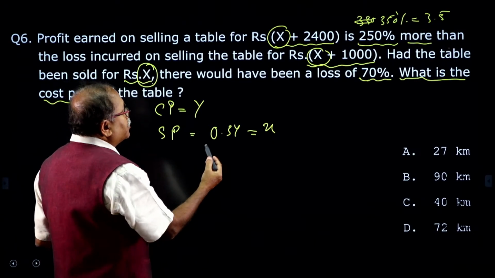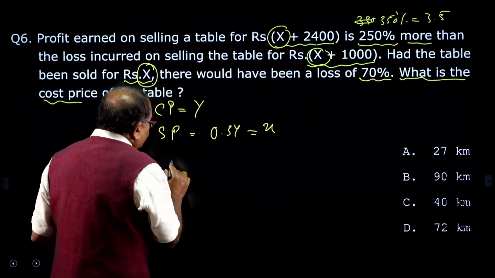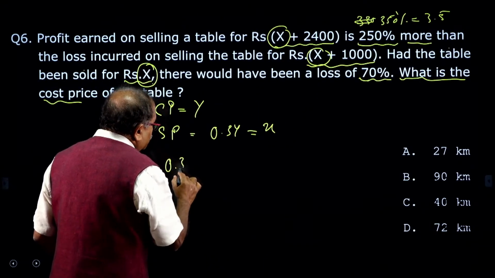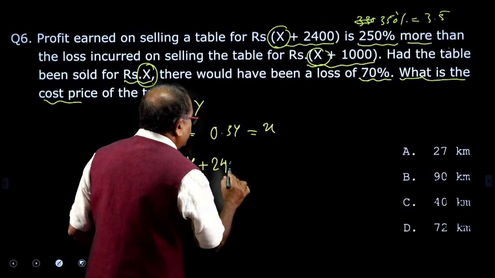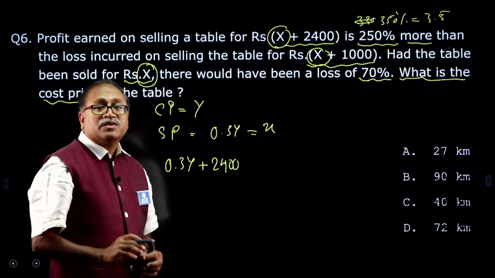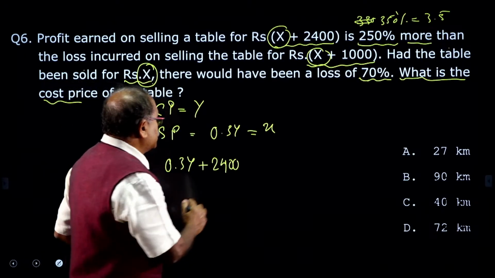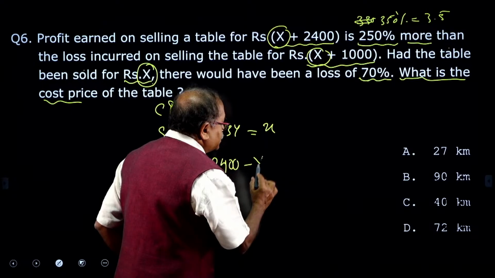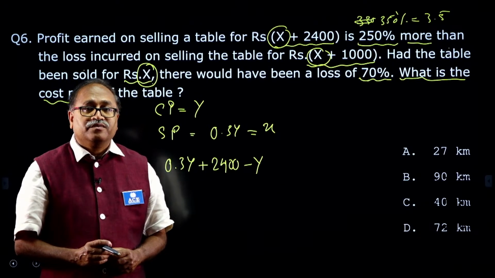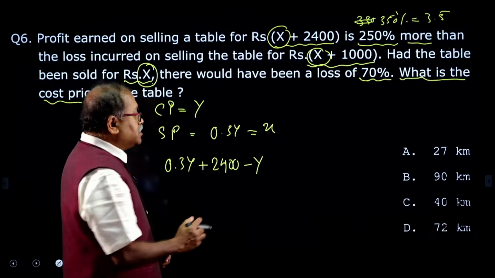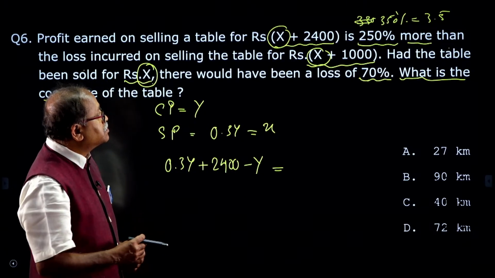Now, 0.3y plus 2400, 0.3y plus 2400. From there, if I take out the selling price minus cost price, I will be getting profit. Yes, and that profit is equal to how many times of loss?